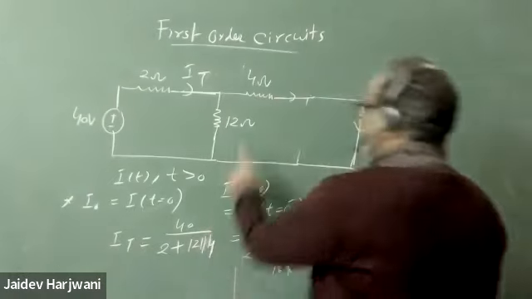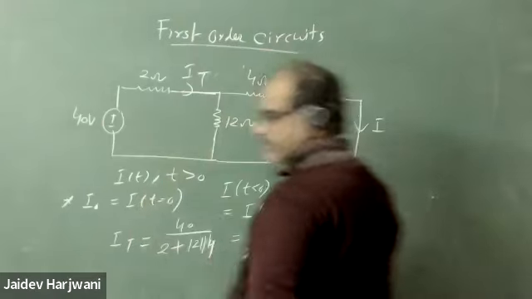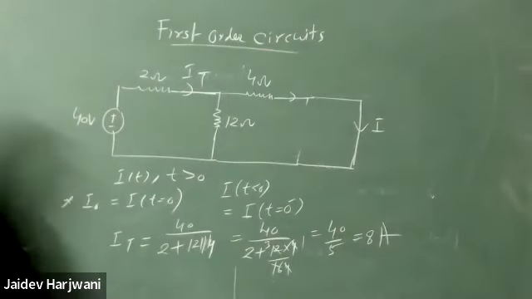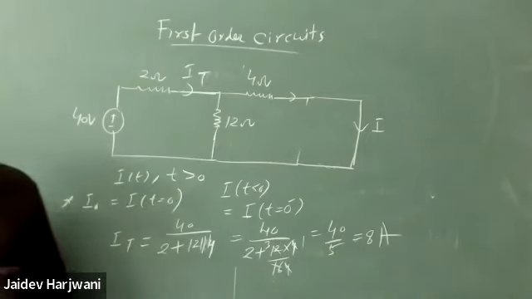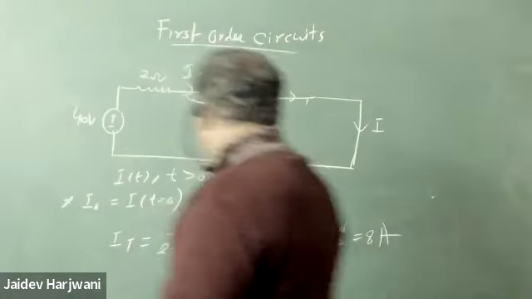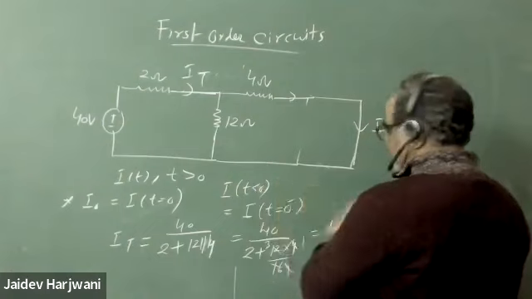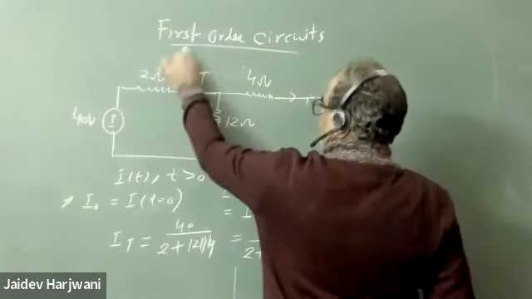Now this total current I need to divide between 12 and 4. Sir, how are 12 and 4 in parallel? Look, how do we see parallel? There is an end-to-end connection in both. Yes, it is an end-to-end connection. So your total current is 8 ampere, and this 8 ampere current is coming here.